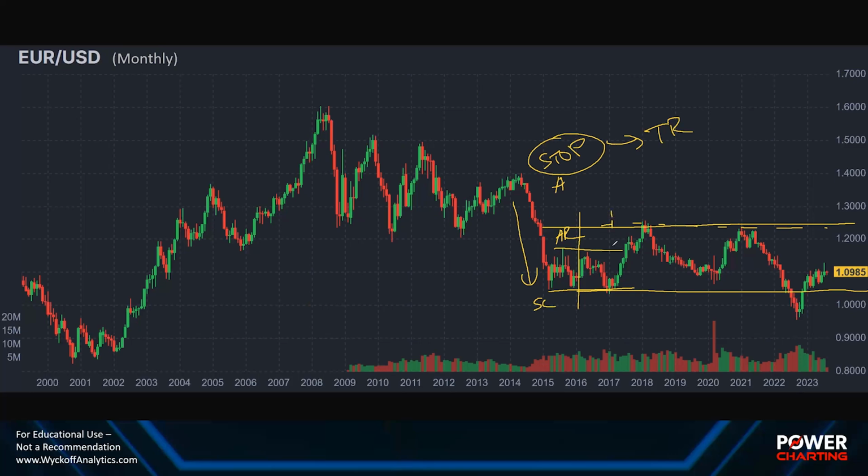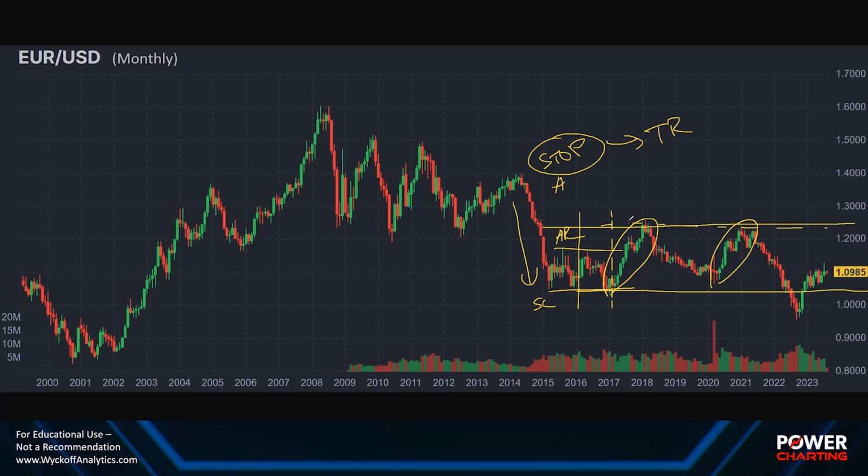Or you could even extend this phase A with multiple tests, and then look at what happens here during this trading range. Suddenly, the rallies become somewhat more aggressive than, let's say, the reaction.